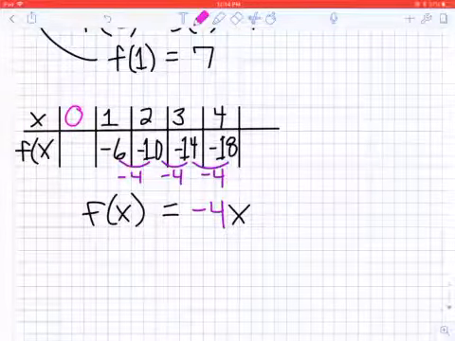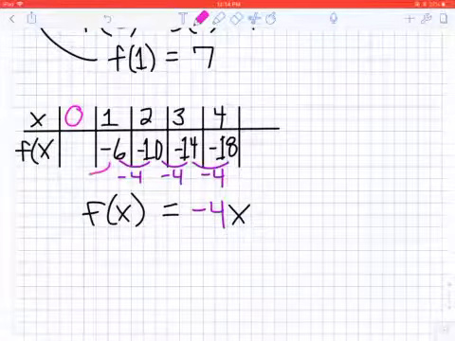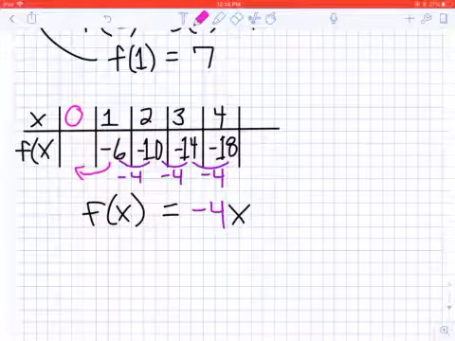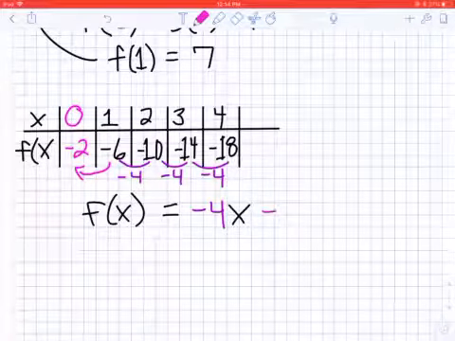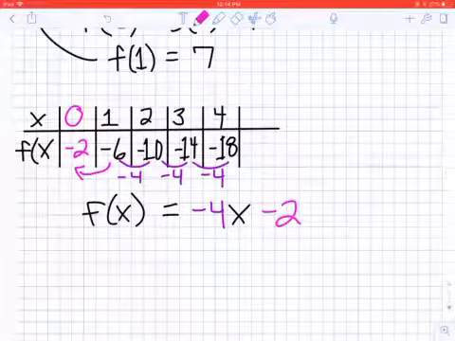If I'm going down by 4, to go backwards, I'm going to have to go up by 4. Negative 6 plus 4 would give me negative 2. So the function for this table would be f of x equals negative 4x minus 2.